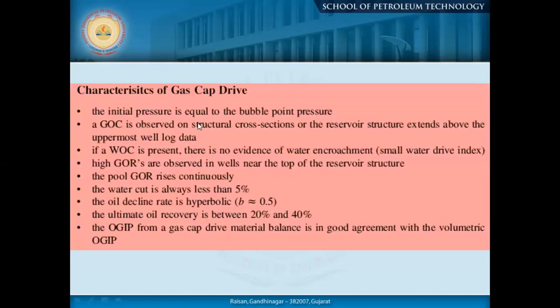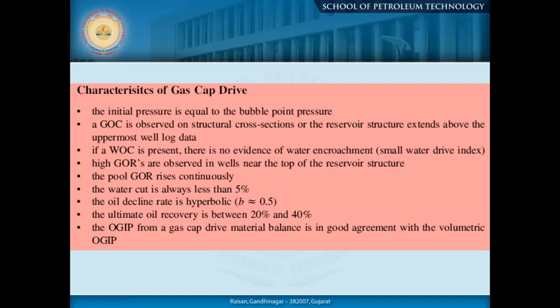How each and every drive mechanism supports you, we have discussed many times, because depending on the drive mechanism we need to plan our production profile. Okay, so if you see a gas cap drive, the initial pressure is equal to the bubble point pressure, but once you increase your production profile or production rate, your pressure will automatically decrease.